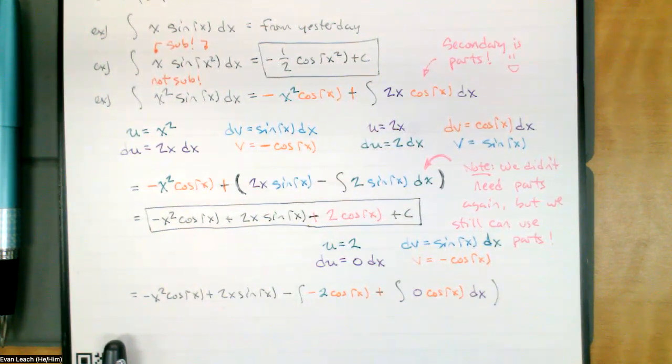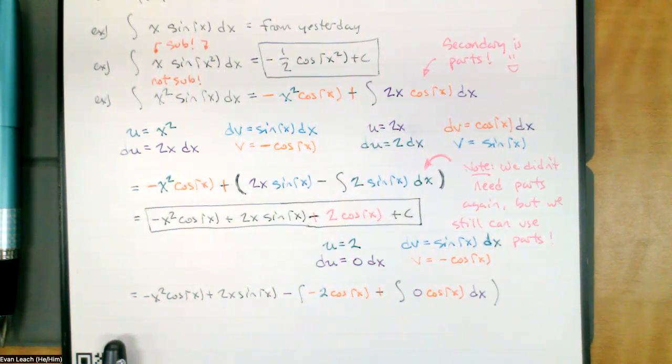Notice that we did parts three times, starting with x squared and sine x. Then the second part started with 2x and cosine x. And our third parts started with 2 and sine x. The end of our first part is the start of the second part. The end of the second part is the start of the third part.